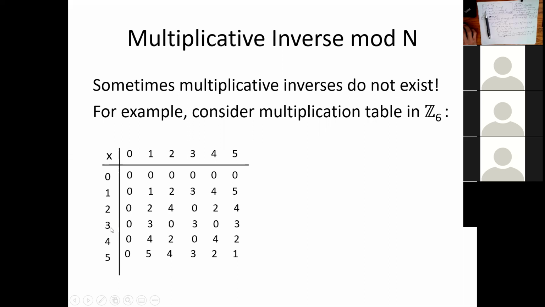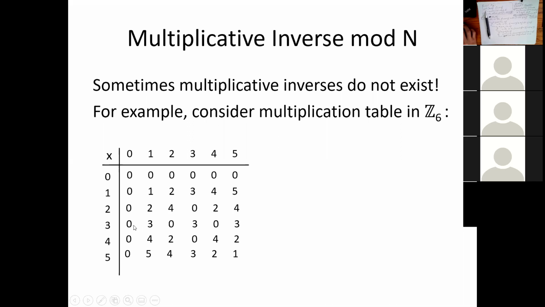Similarly, if you multiply 3, the only possible remainders of products of 3 are 0 and 3 if you do mod 6, right? Because 6 itself is a multiple of 3.